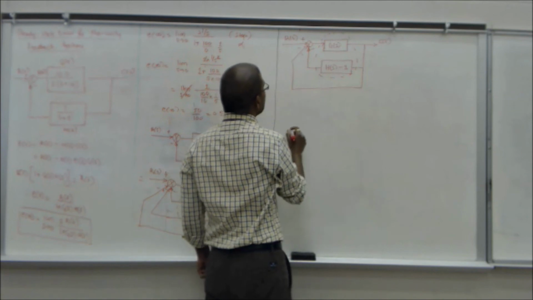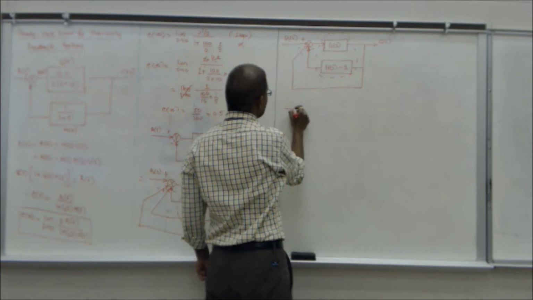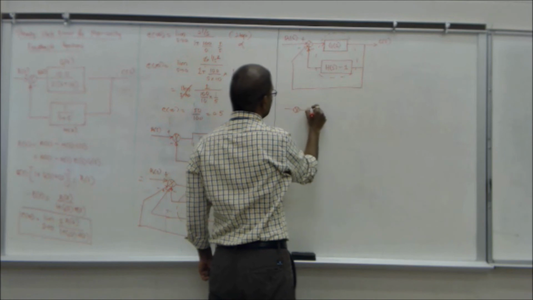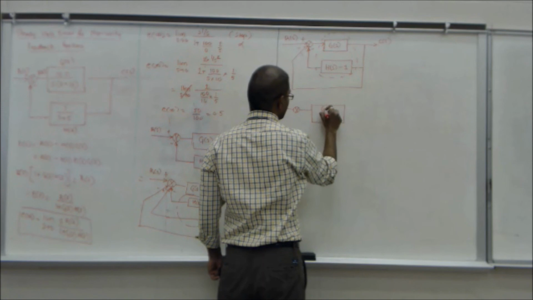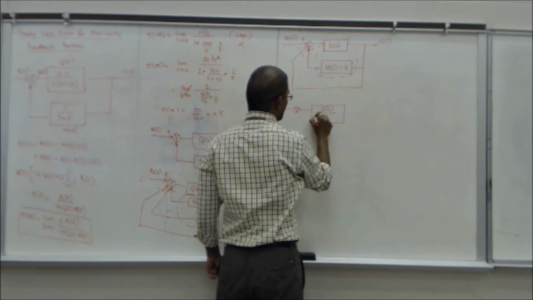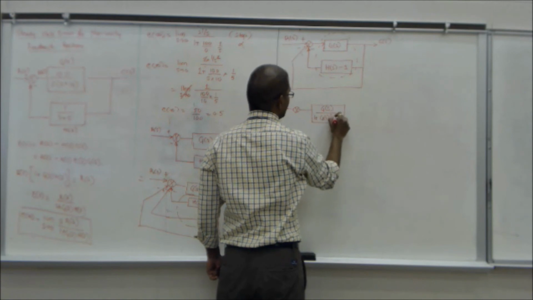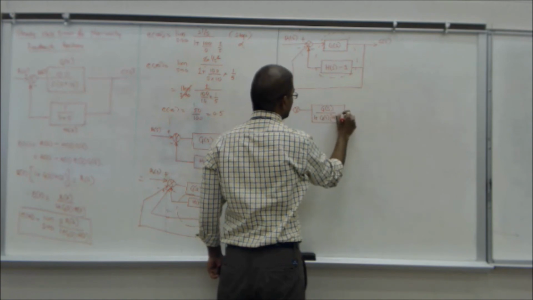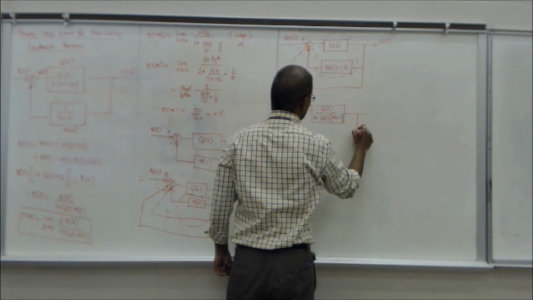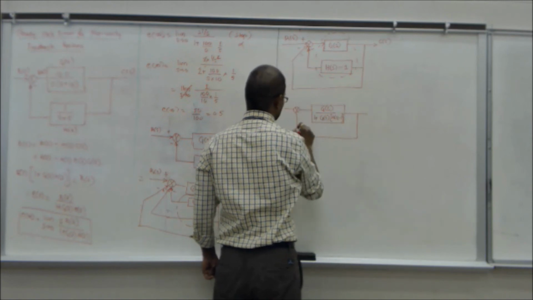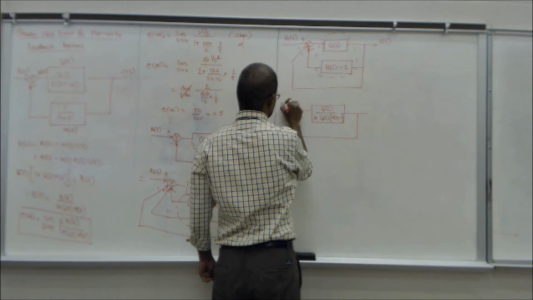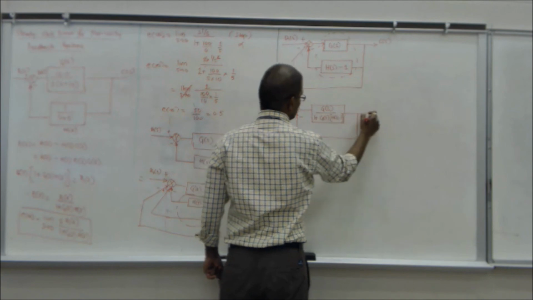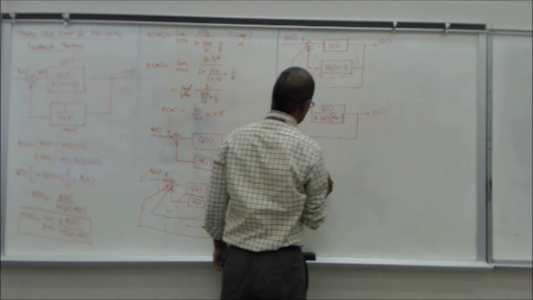What is the feedback? The feedback says it is G of s over 1 plus G of s H of s, right? So here H of s is H of s minus 1. That's it. Correct? And then you have minus, plus.